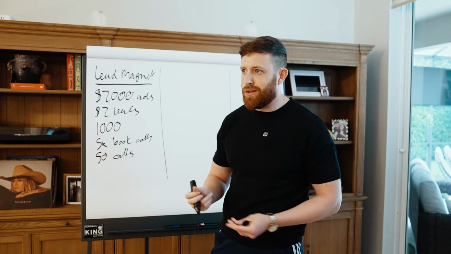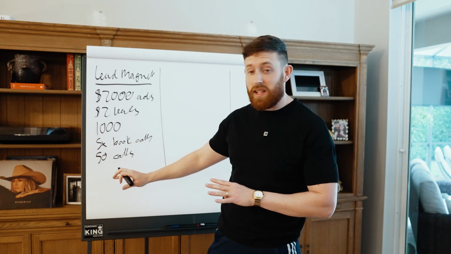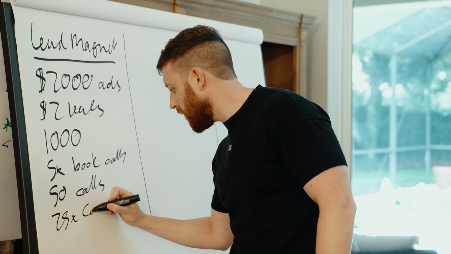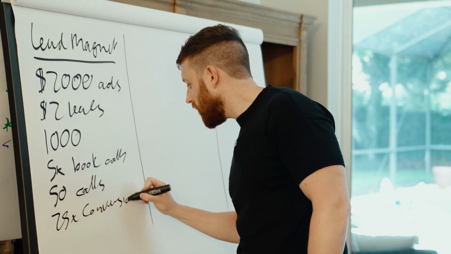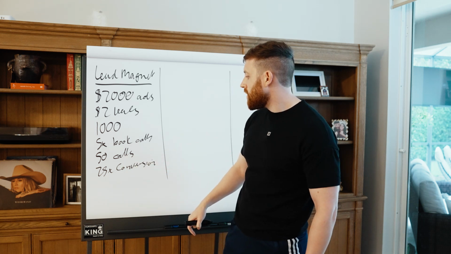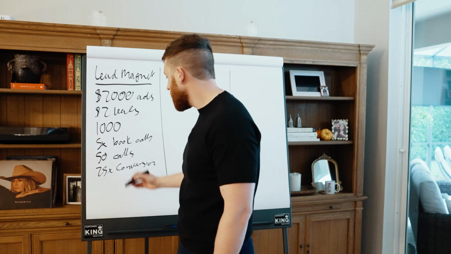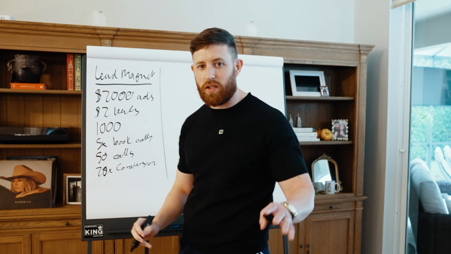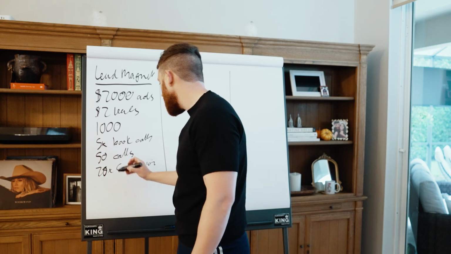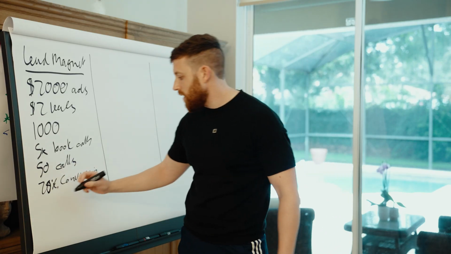And let's just say that you have even a 25%, it really doesn't matter at this stage, we can do a 25% conversion rate on those calls. That means that you end up with 12.5. I probably should use 20%. Let's use 20%. It's quite hard to onboard half a client. So let's just do a 20% conversion rate, which means that you end up with 10 new clients.